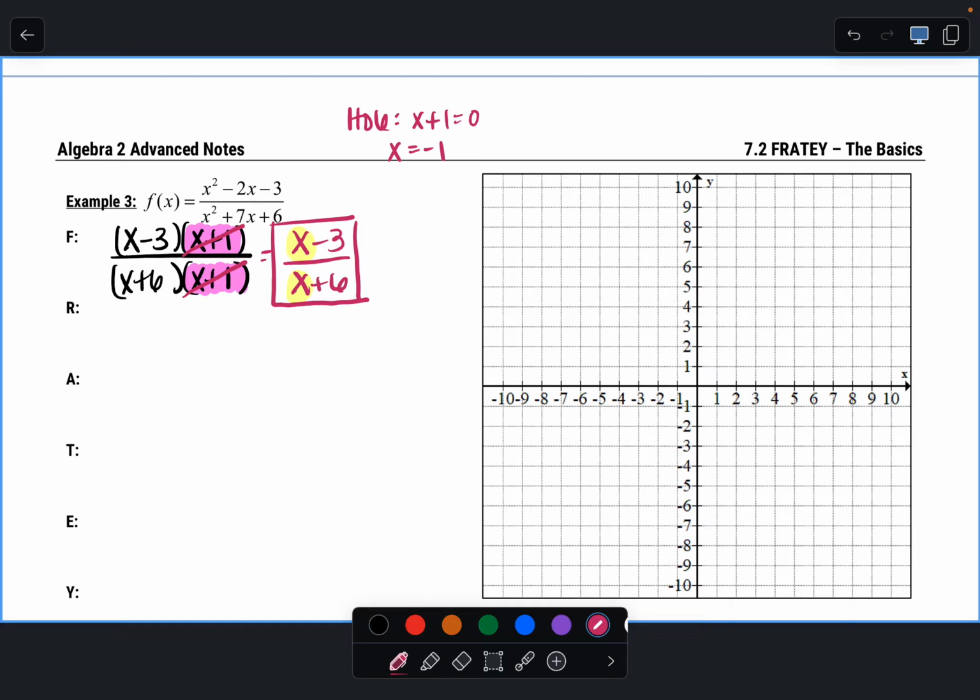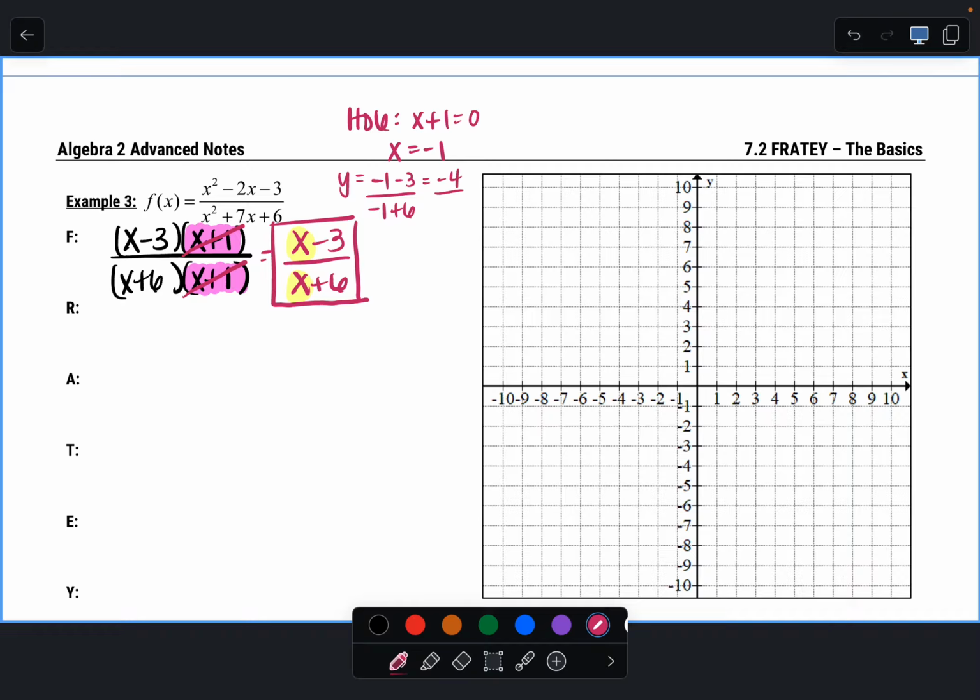So I'm going to find the y value: negative 1 minus 3 over negative 1 plus 6. If I have a negative and I subtract from it, what's going to happen? Is it going to become more positive or more negative? It's going to become more negative. So what's negative 1 minus 3? Negative 4.